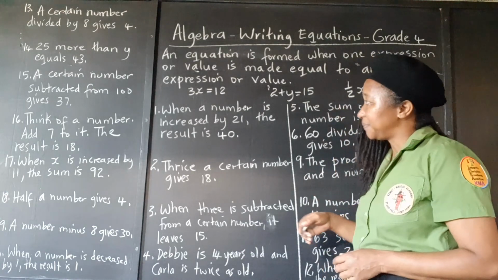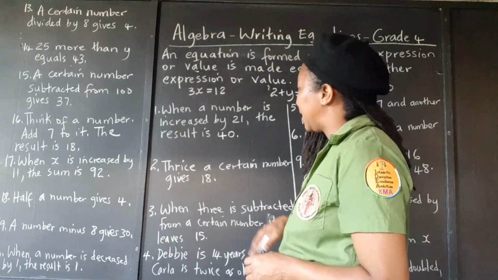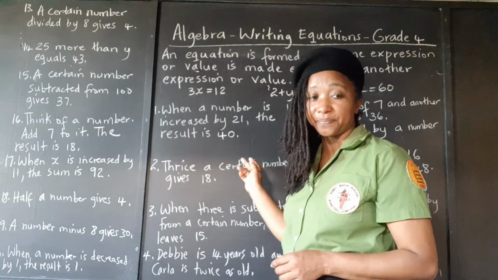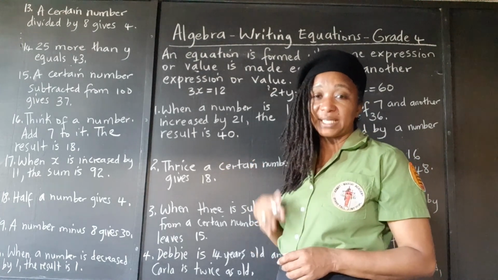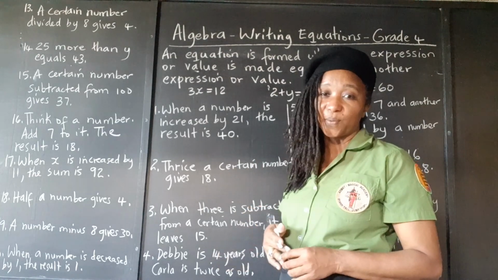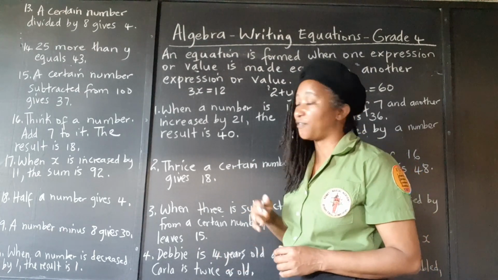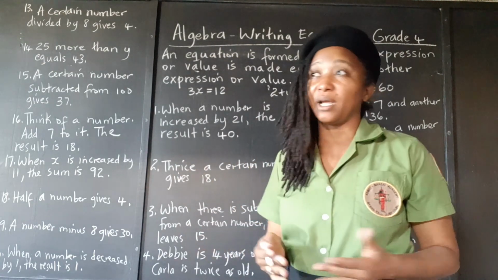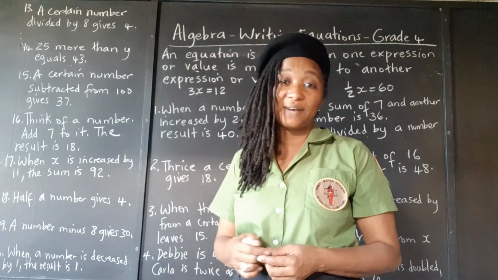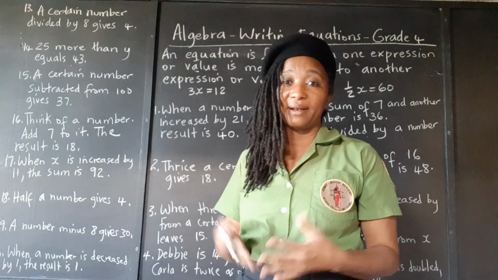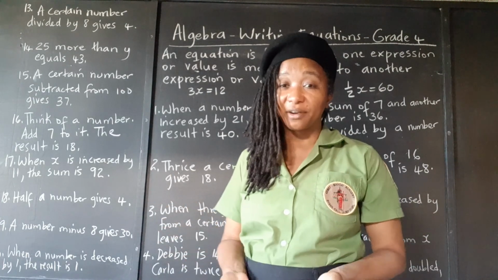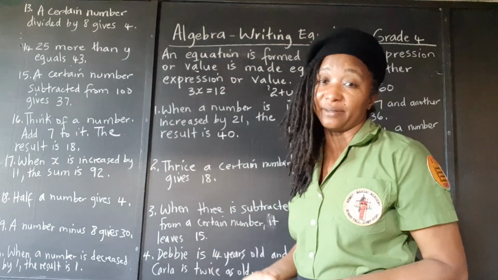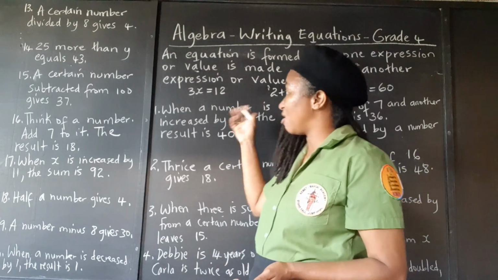So this says, when a number is increased by 21, the result is 40. Therefore, we're going to use any letter we want or any symbol. It doesn't have to be a letter. You can use a triangle, an asterisk, a square, a circle, or just use a letter. So let's say we were to use a triangle to represent the unknown number.